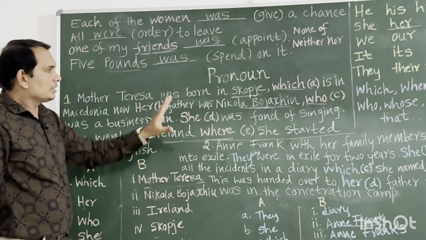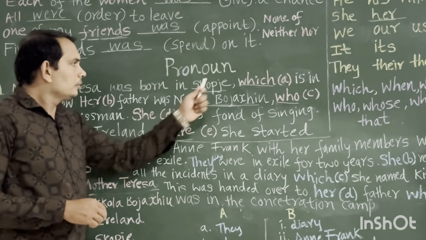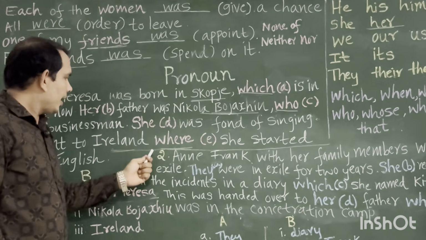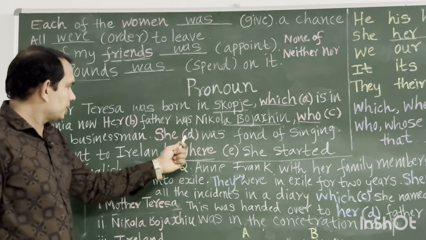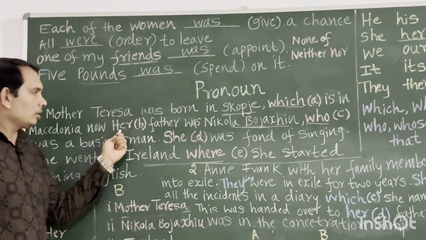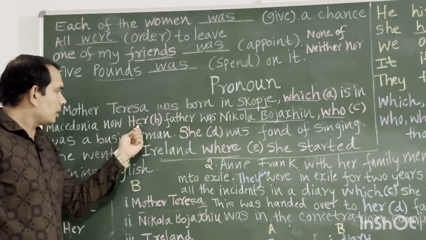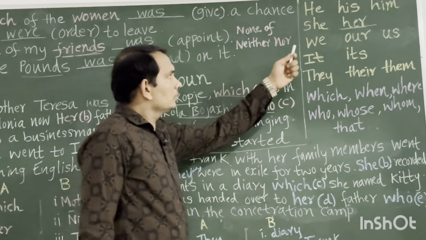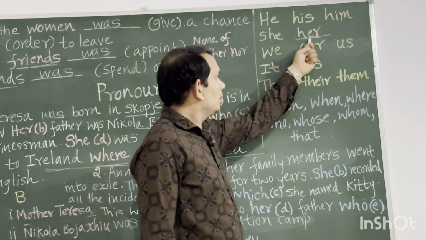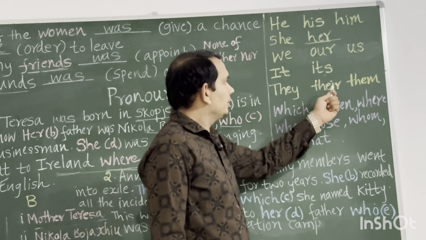So it's clear to us which, who, and where are the relative pronouns in this question. Look at this one, the second pronoun, her. It's a possessive pronoun. They are given here: his, her, our, its, their.